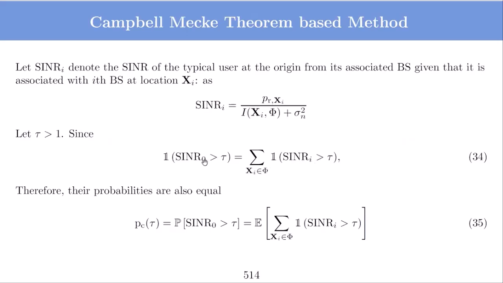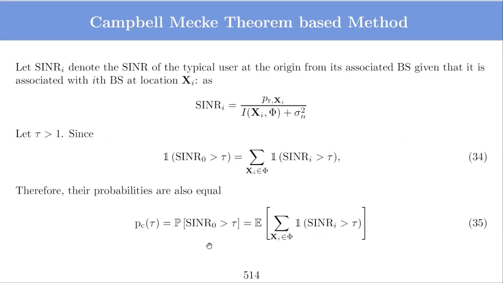And of course, the maximum should satisfy this condition. So this indicator and this indicator are basically the same. Because the event is the same, therefore the probability should also be the same. So if I take probability on both sides, expectation on both sides, what I get is the expectation of the indicator, which is the probability that SINR is more than tau, is equal to the expectation of the summation over xi of the indicator SINRi more than tau, right? And this is nothing but the coverage probability, right?